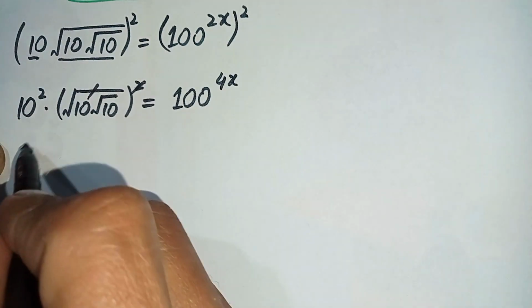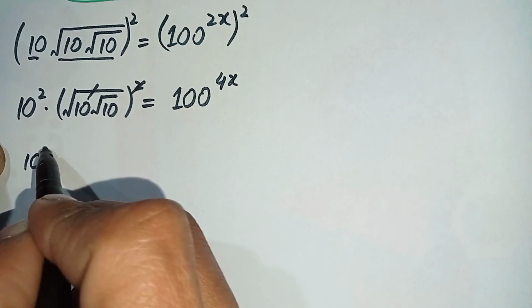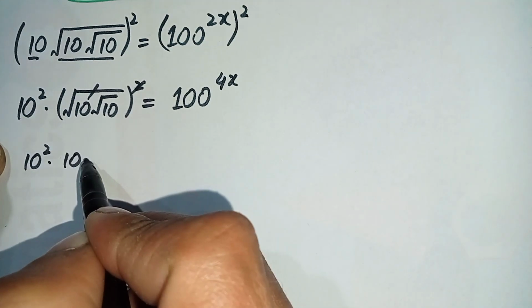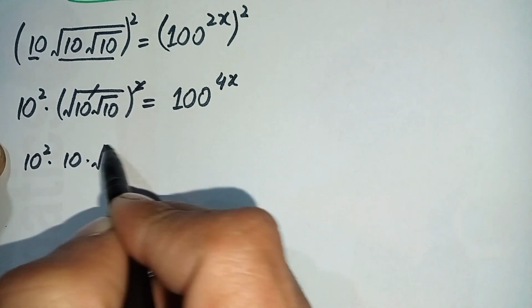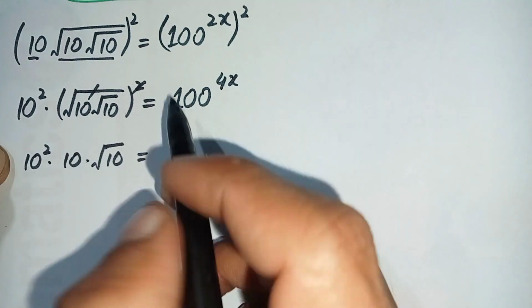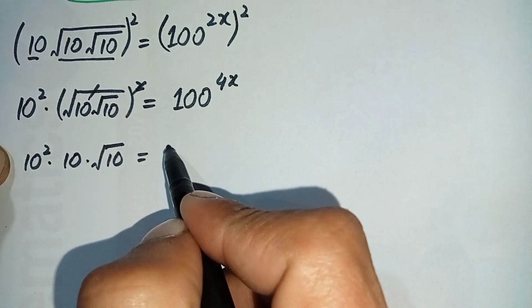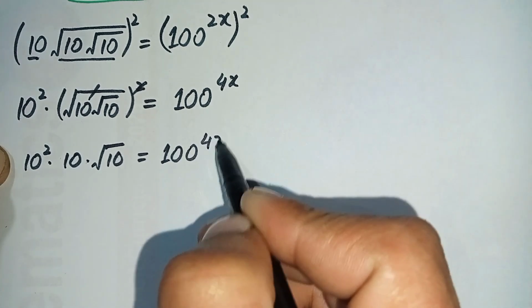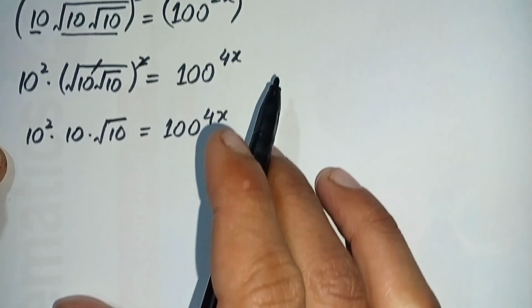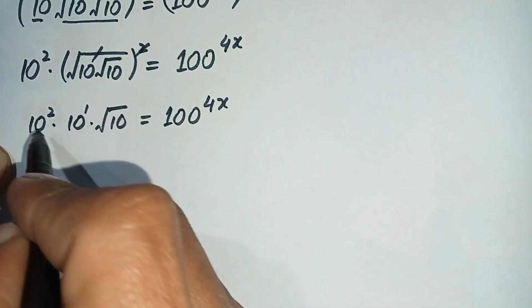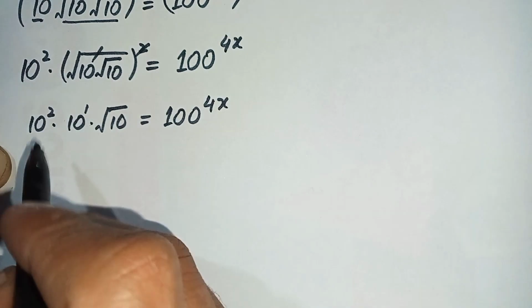So it will become 10 raised to power 2 times 10 times square root of 10 is equal to 100 raised to power 4x. Now my dears, look at these two numbers, both have the same base, so we will add their powers with each other.